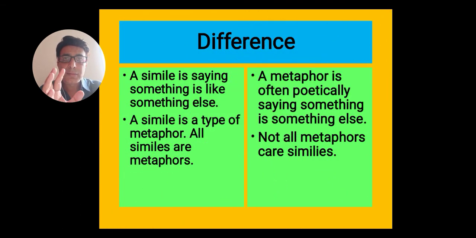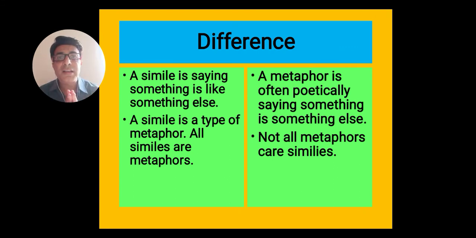So, what is the difference between metaphor and simile? After understanding what a simile is and what a metaphor is, we can come to this conclusion: a simile is saying something is like something else. In simile, the poet says that one object is like another object.